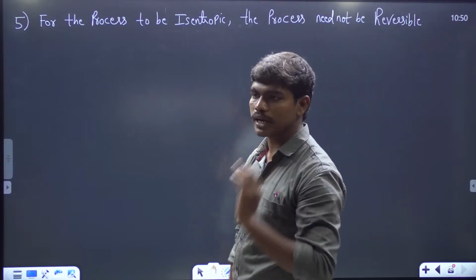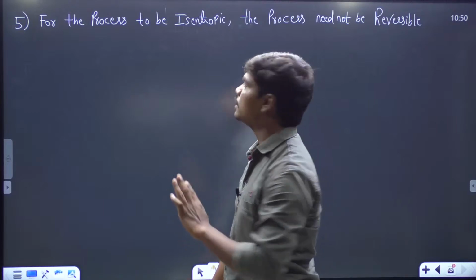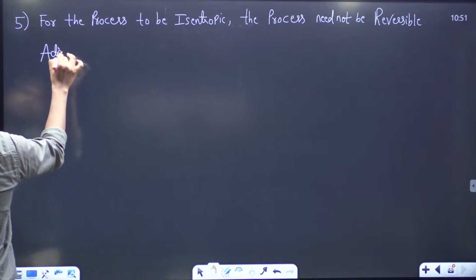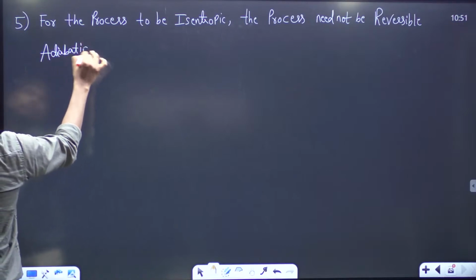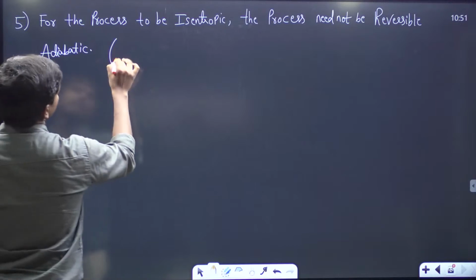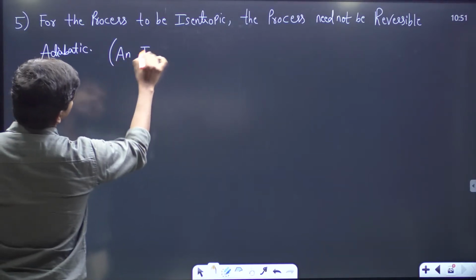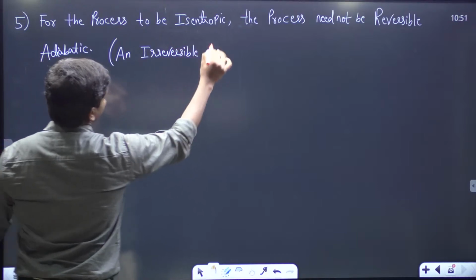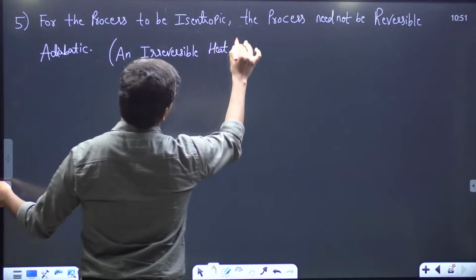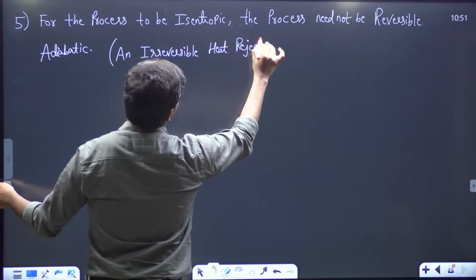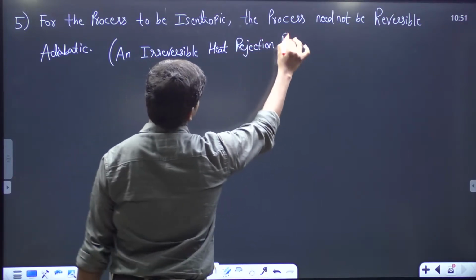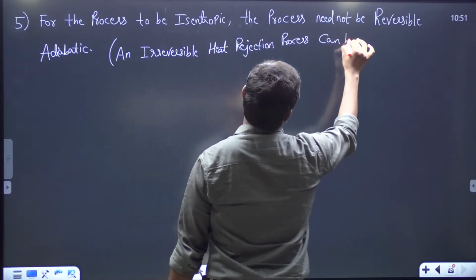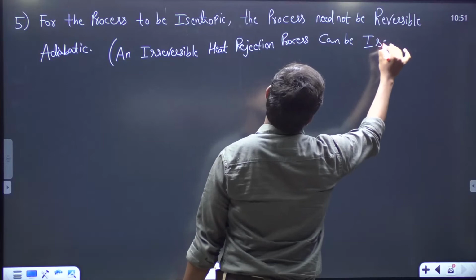But for the process to be isentropic, definitely it need not be reversible adiabatic. Because you can have an irreversible heat rejection process that can be isentropic.